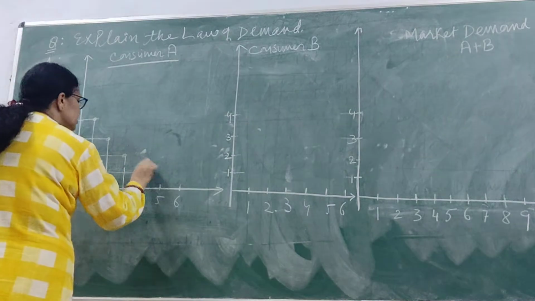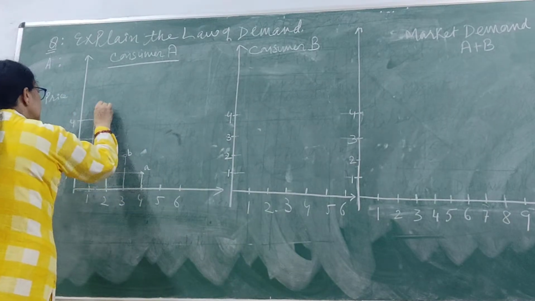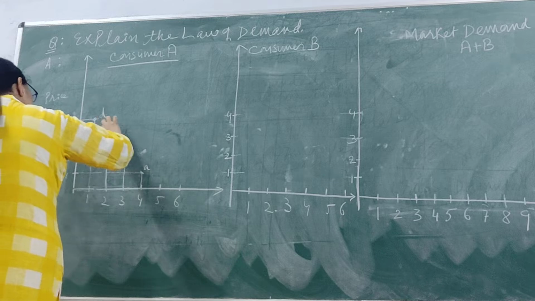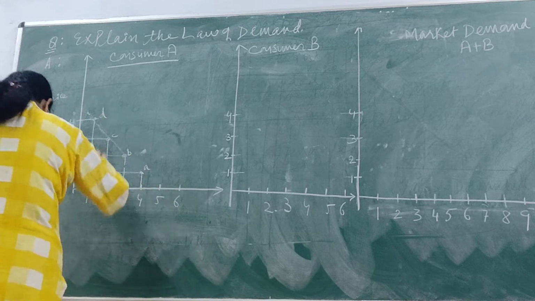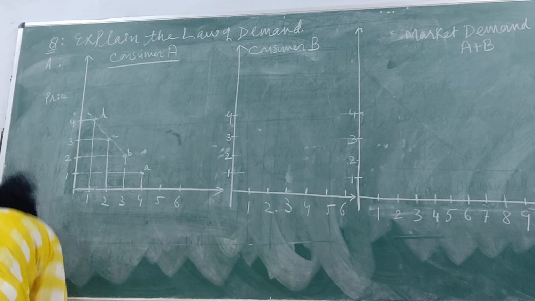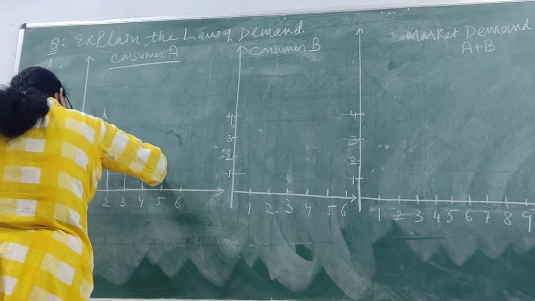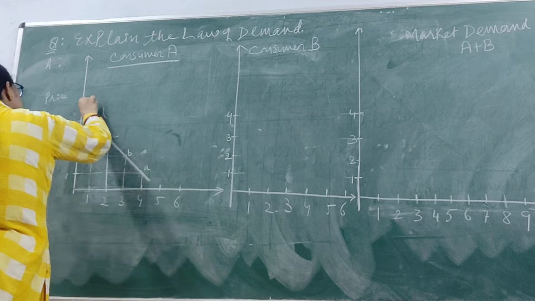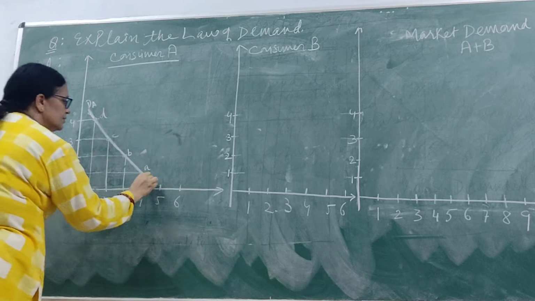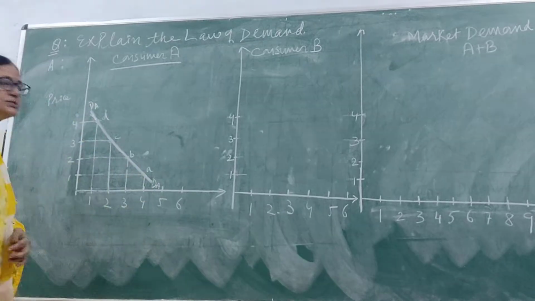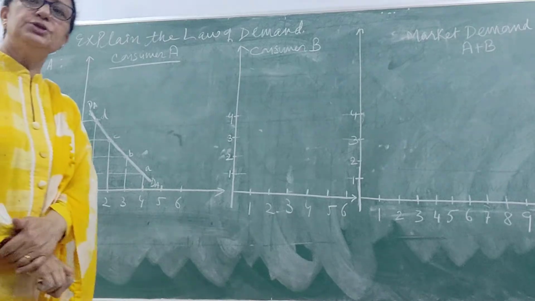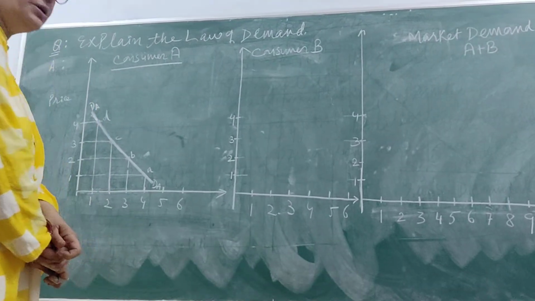So you get points A, B, C and D, and by joining these points, this is D A. This is the individual demand curve of consumer A.